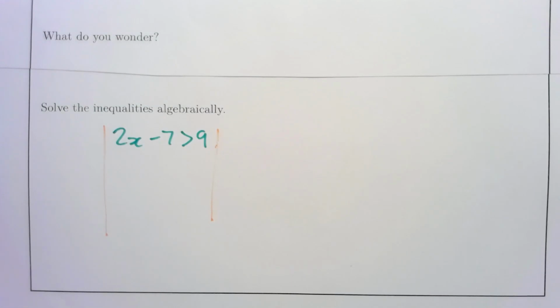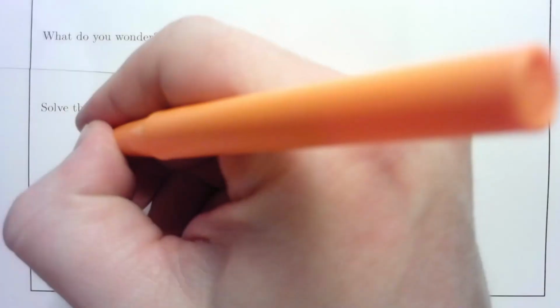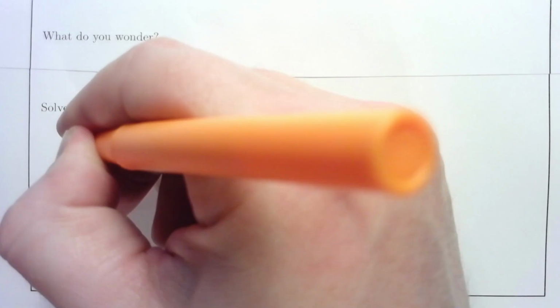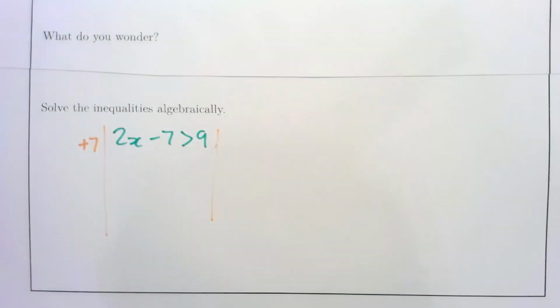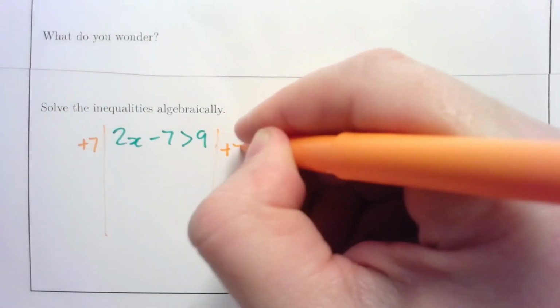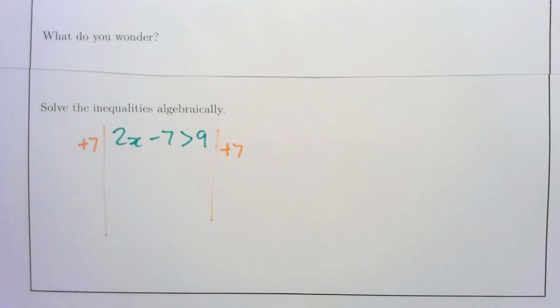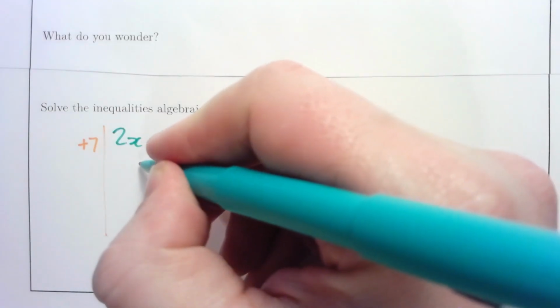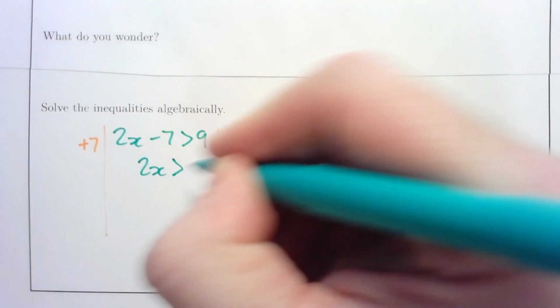So, remember what we can do is to remove this take 7, we can do the inverse, which is adding 7. If we do that, we get 2x is greater than 16.